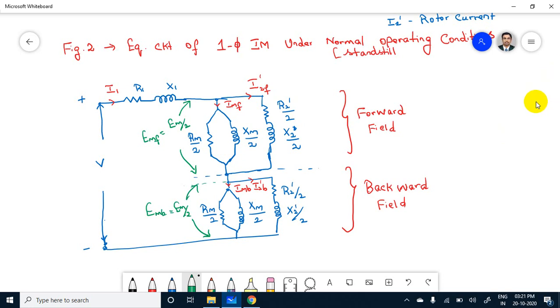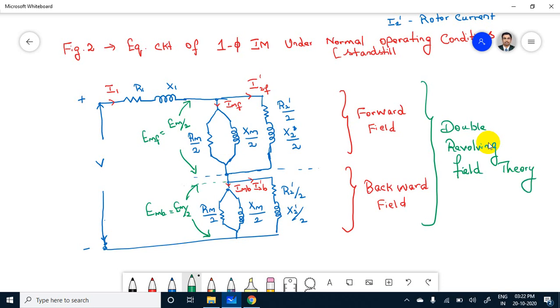Okay, so this method, which we are representing in forward and reverse field, we will call this the double revolving field theory.